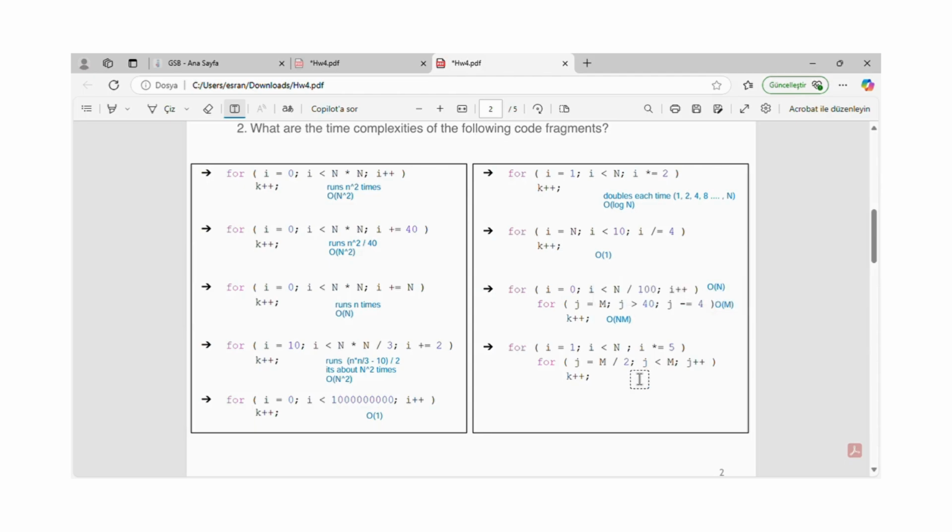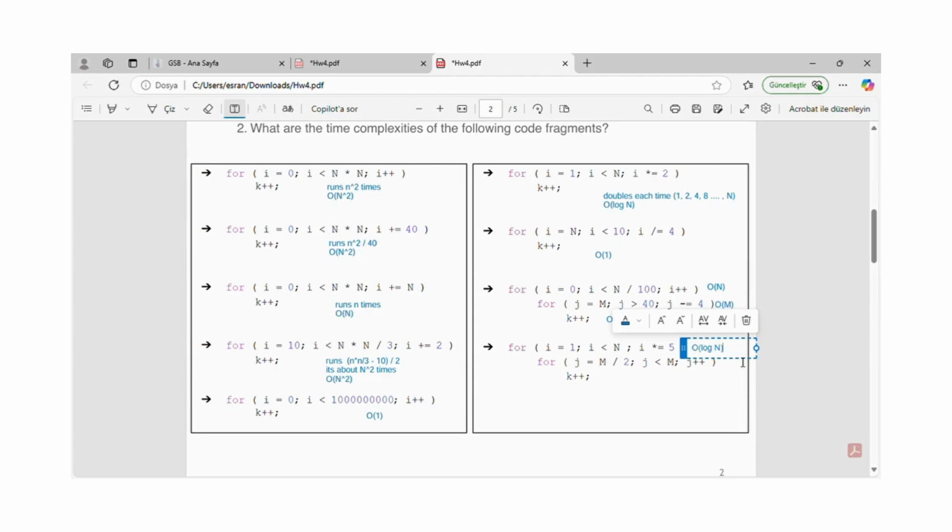And the last one is similar to the eighth one. Again, there are 2 for statements. The first one is the outer loop, and it runs O(log n).